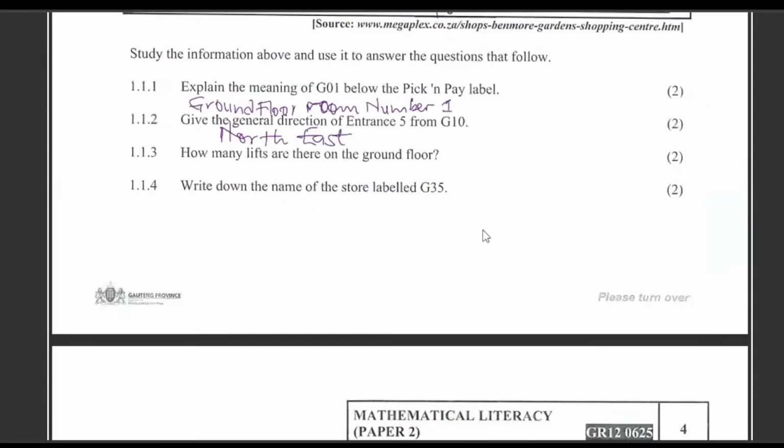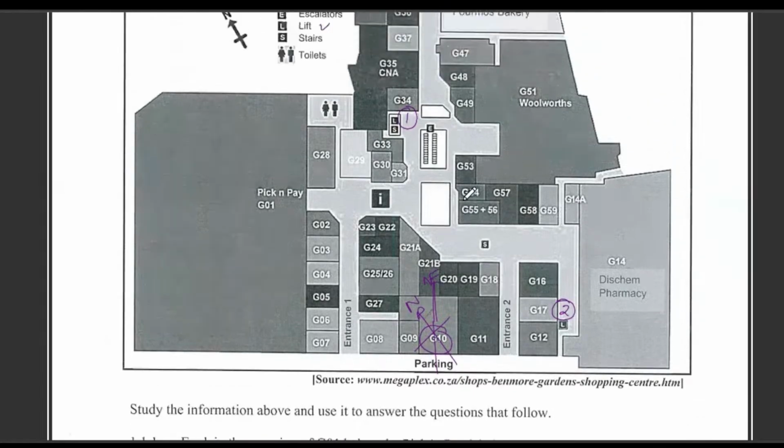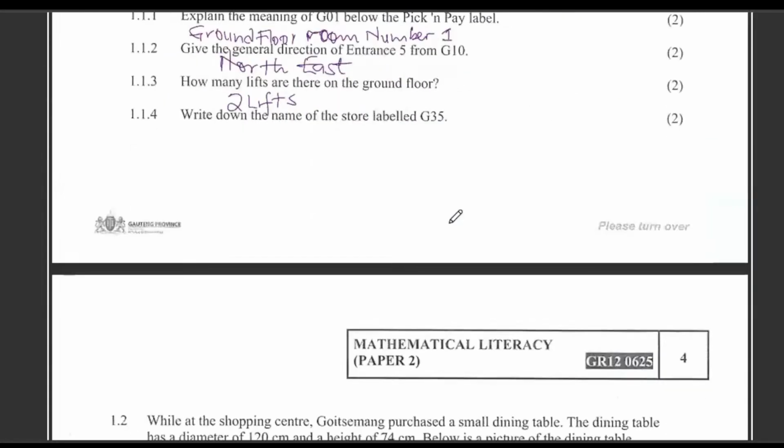So there you would have said we have two lifts. Write down the name of the store labeled G35. G35, it's right here, which is a CNA.